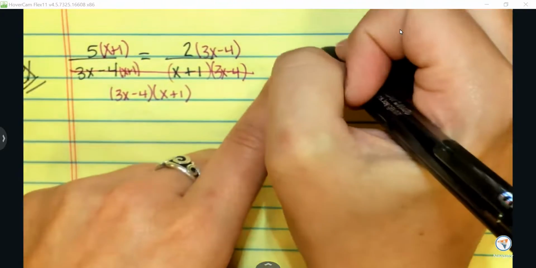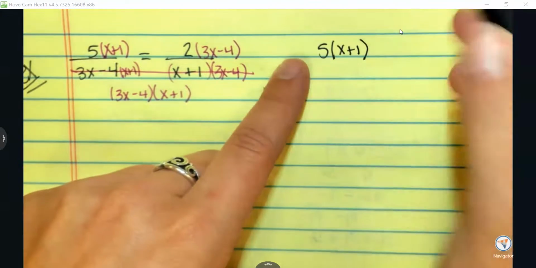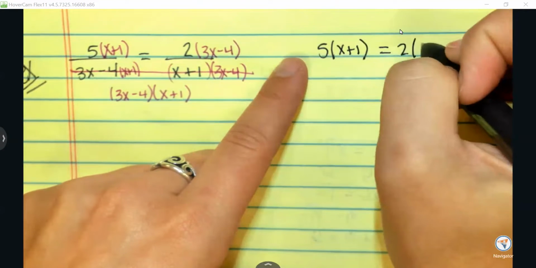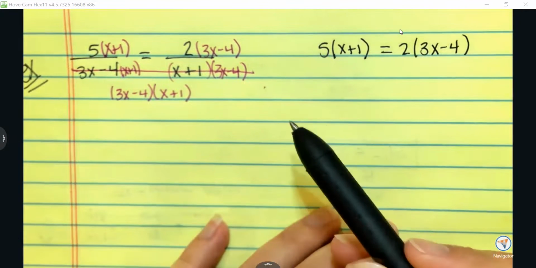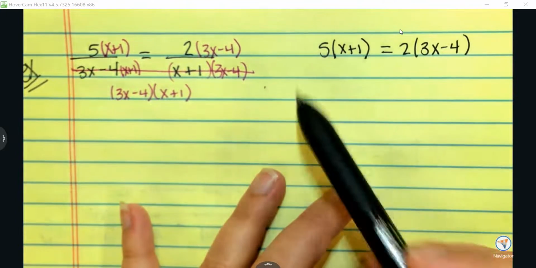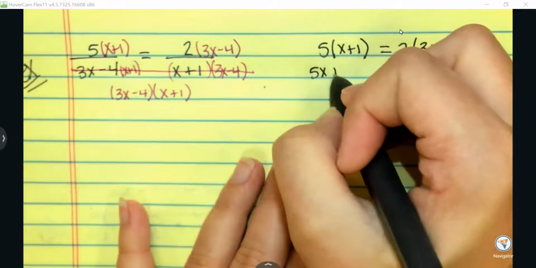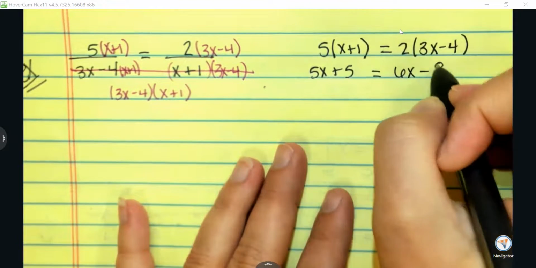I have 5 parentheses, x plus 1 equals, because there's an equal sign, 2 parentheses, 3x minus 4. What am I going to have to do first to solve this? Distribute. So I'm going to have 5x plus 5 equals 6x minus 8.